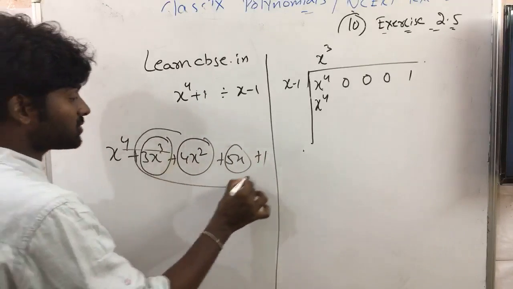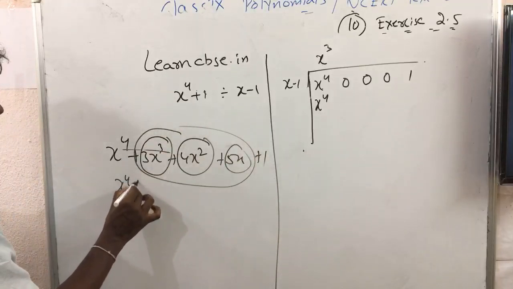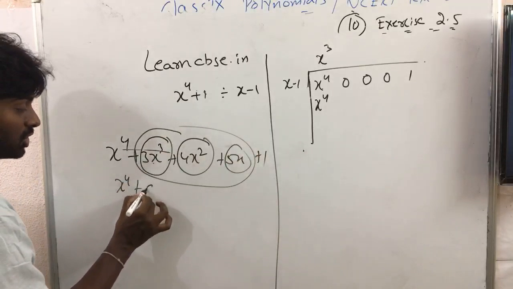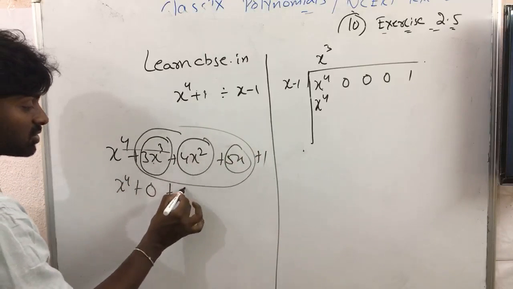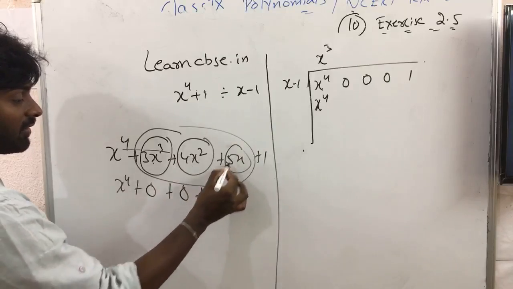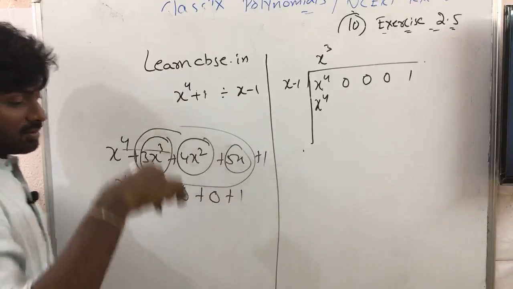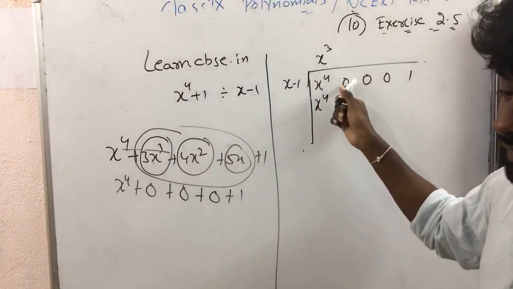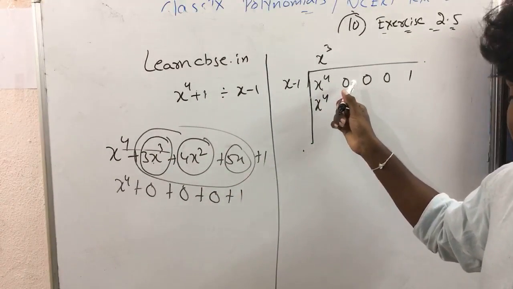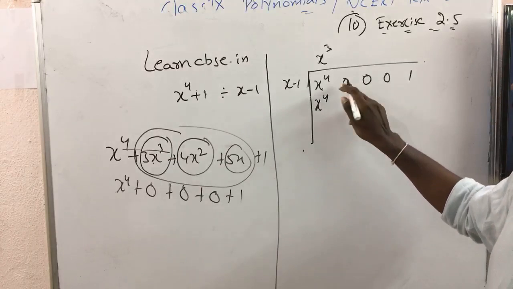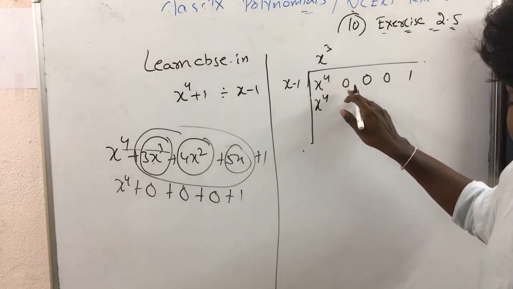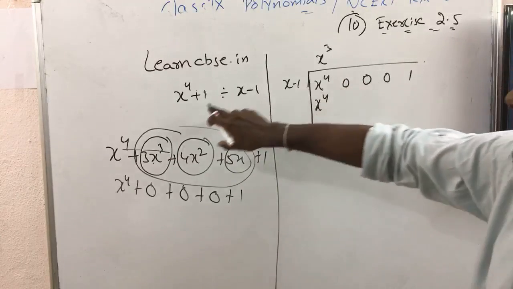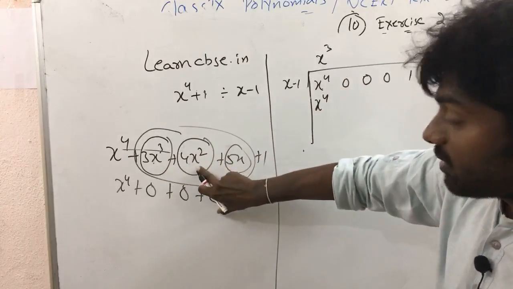So if there are no terms, I can write 0 for x cube, 0 for x square, and 0 for x. To make it easier, I am writing this. Without writing this also you can divide, but I want to make it easier for you.